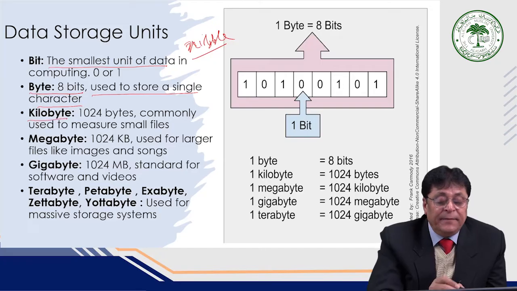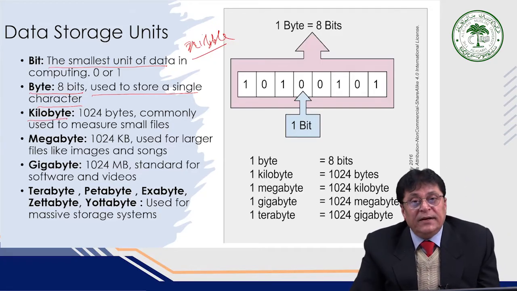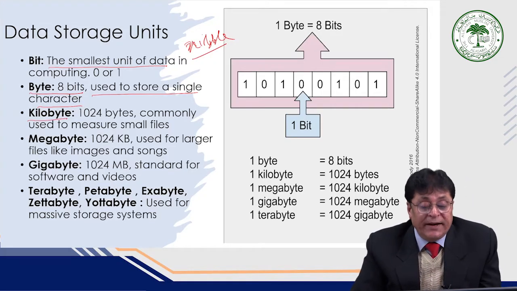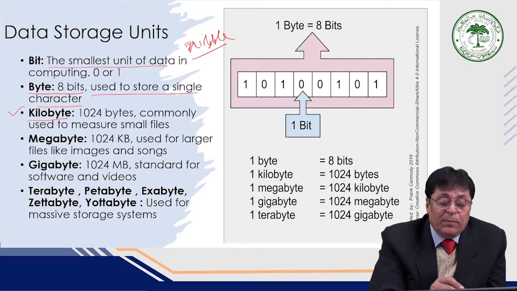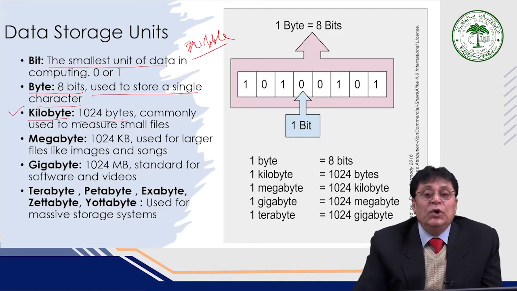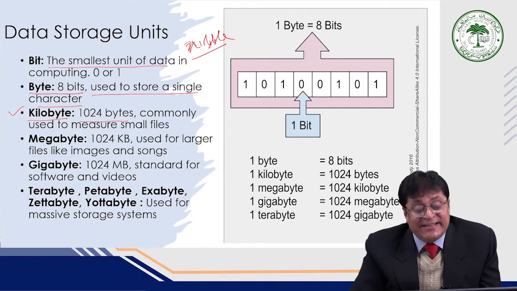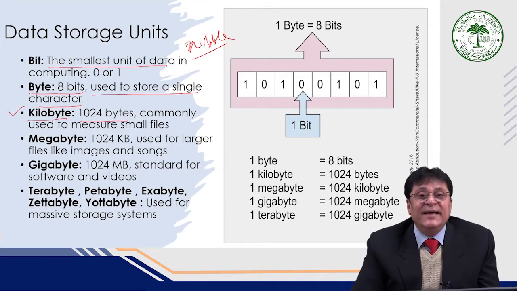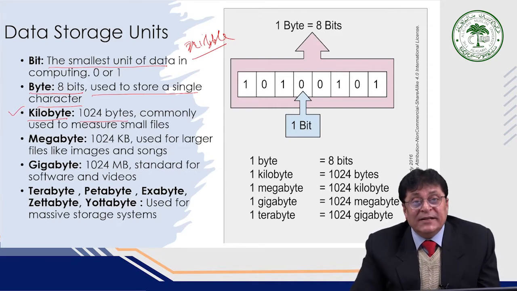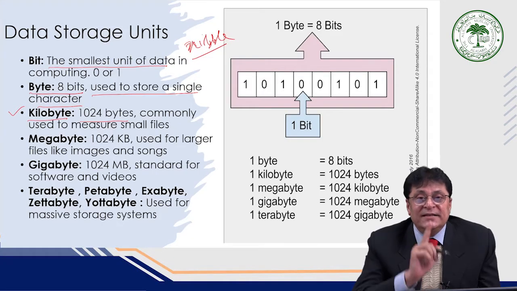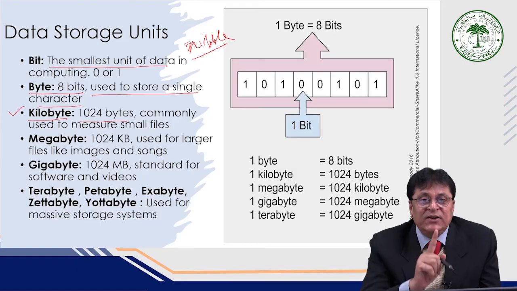In the same way, another very popular, well-known unit is the kilobyte. 1 kilobyte is equivalent to 1024 bytes, and 1 byte is 8 bits or 2 nibbles, where a 0 or 1 is a single digit, a bit.